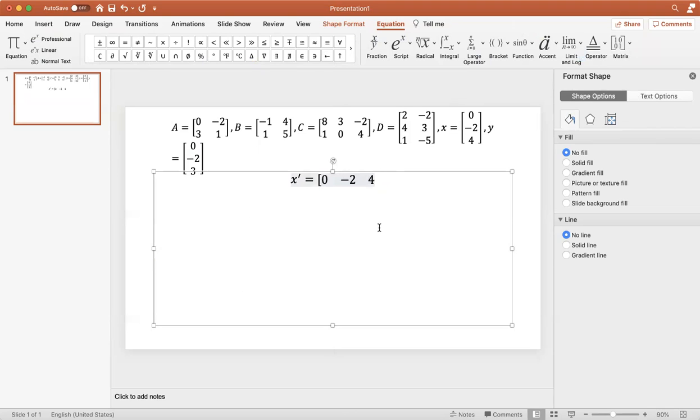And then the transpose of Y would be equal to 0, negative 2, and 3. Sorry, let's add the transpose here.